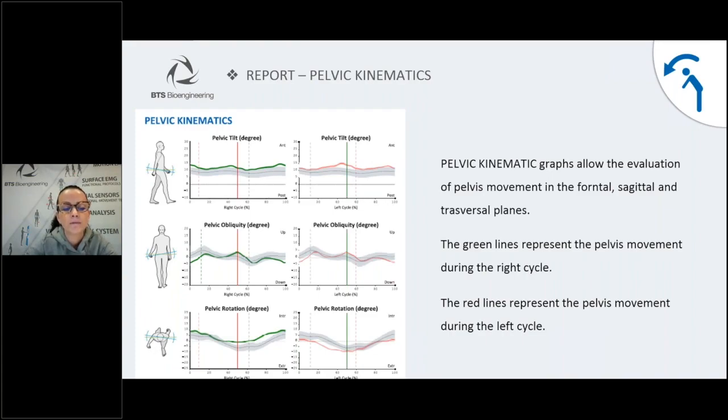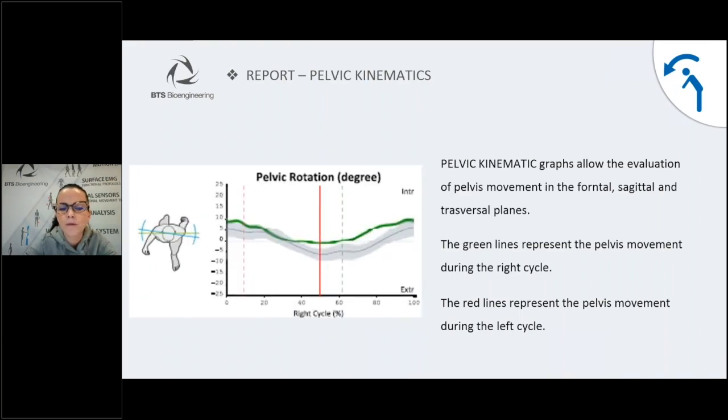Similarly, in red, on your right, you find the graphics that show the movement of the pelvis during the left gait cycle.